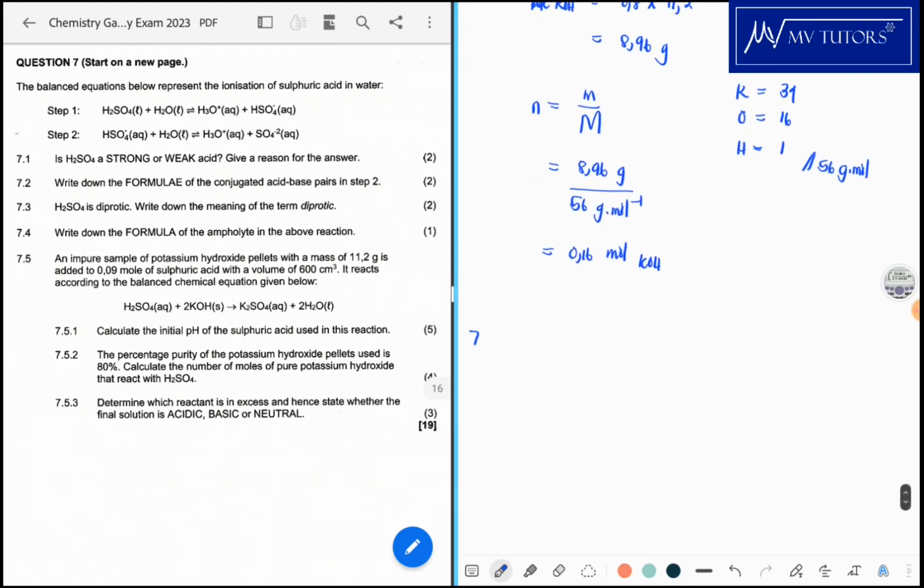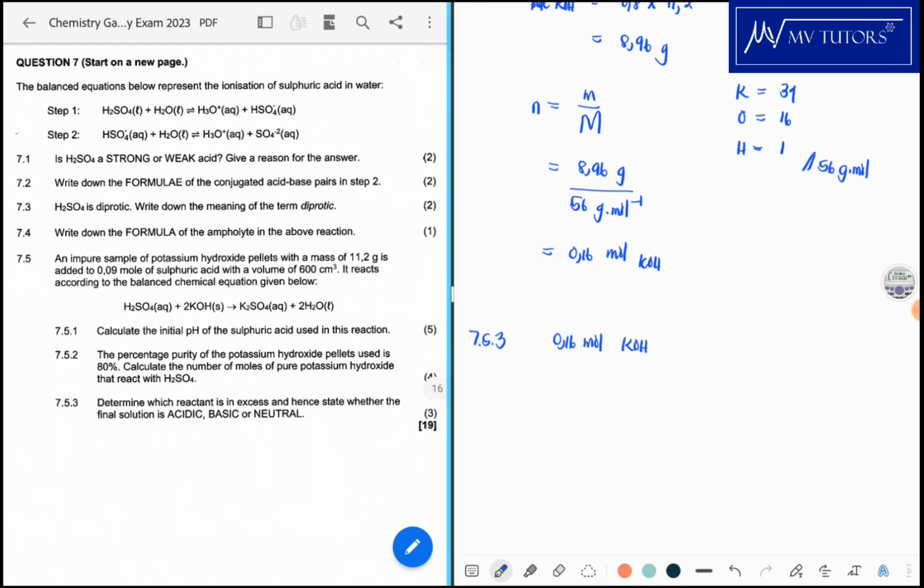Now the last question. It says, determine which reactant is in excess and hence state whether the final solution is acidic, basic, or neutral. So we have 0.16 mole of potassium hydroxide that reacts with sulfuric acid.